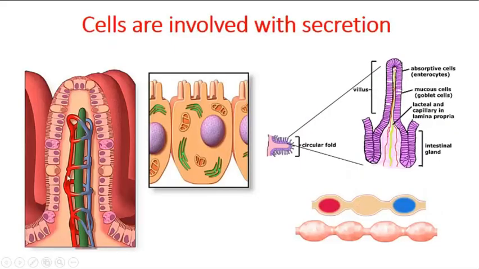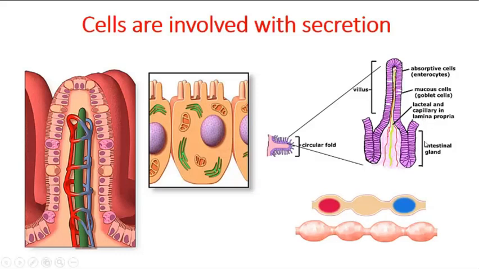If you look at one of those projections, you will see the columnar epithelial cells that make these projections. Here, these simple columnar epithelial cells are densely attached to each other along with some other cells known as goblet cells, which are secretory cells that secrete mucus. The lamina propria is another region.